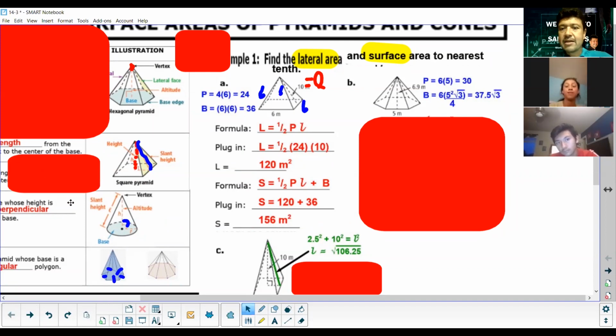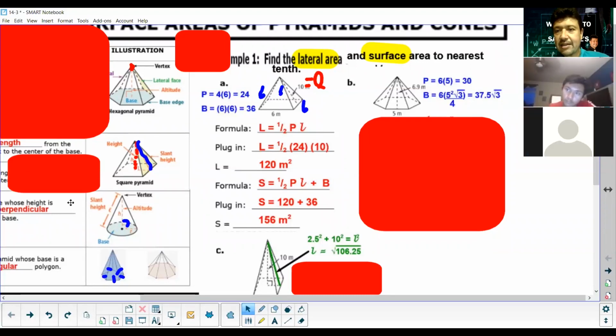Now, look at the B. You remember how we said B stands for the area of the base? To find the area of some of these polygons, you have to remember the idea of apothem. There was a special equation that had the square root of 3 with certain triangles, and that's how they got this area of the base.